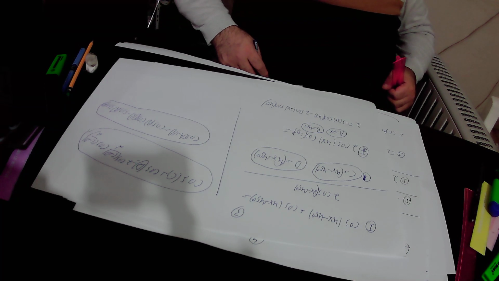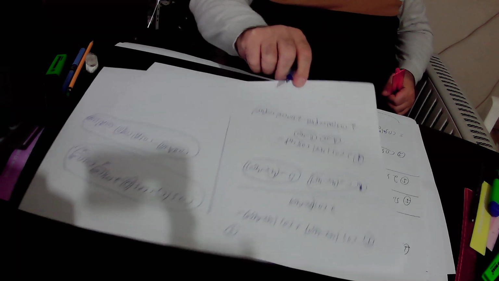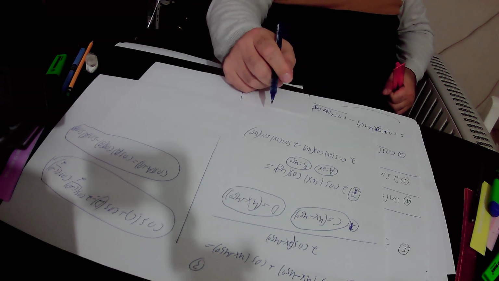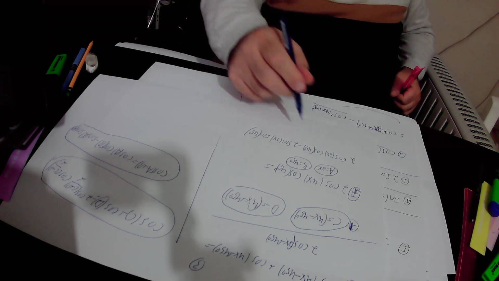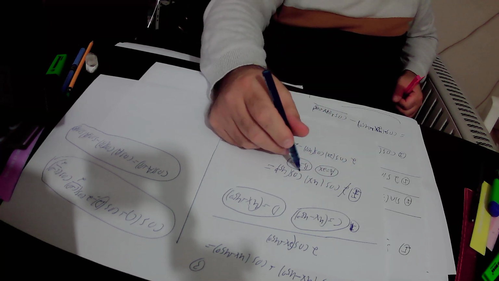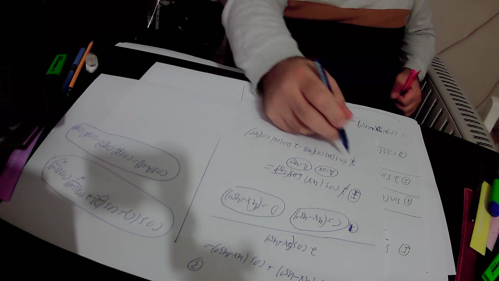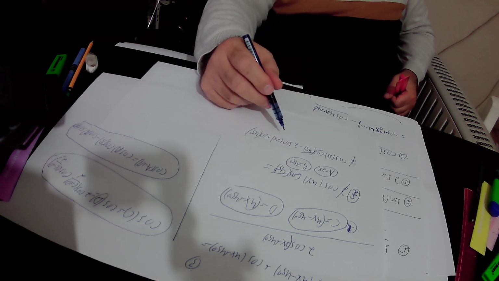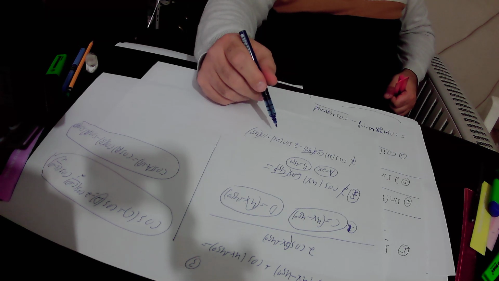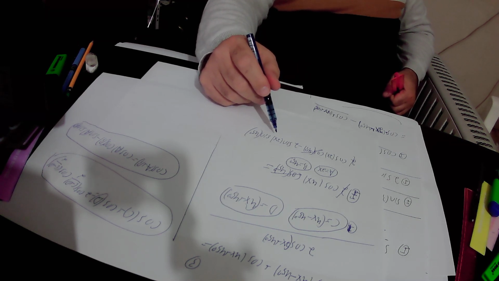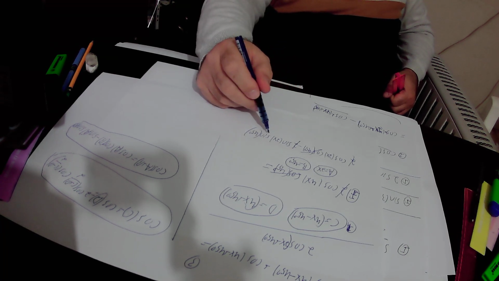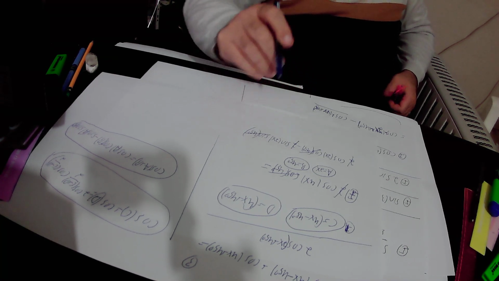So here we will divide this equation number 1 by 2 cosine 45 degrees. So here 2 cosine 45 degrees will get cancelled. Here also 2 cosine 45 degrees will get cancelled. And here, because sine 45 degrees equals cosine 45 degrees, 2 sine 45 degrees will get cancelled.